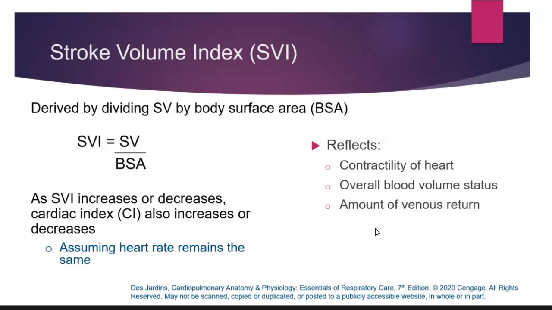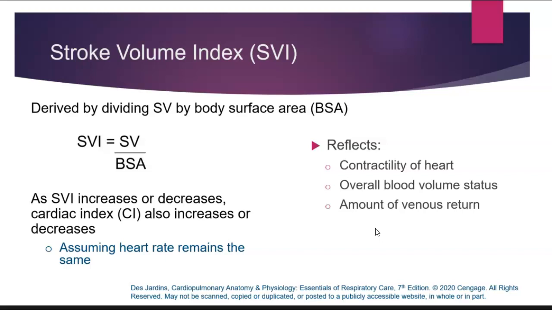Okay. So stroke volume is the amount of blood that's ejected from the ventricles with each contraction. It's going to be affected by preload, afterload, and contractility. Stroke volume index is the stroke volume divided by the body surface area.